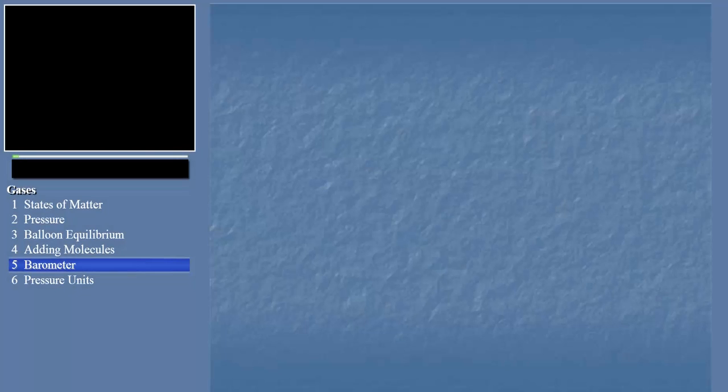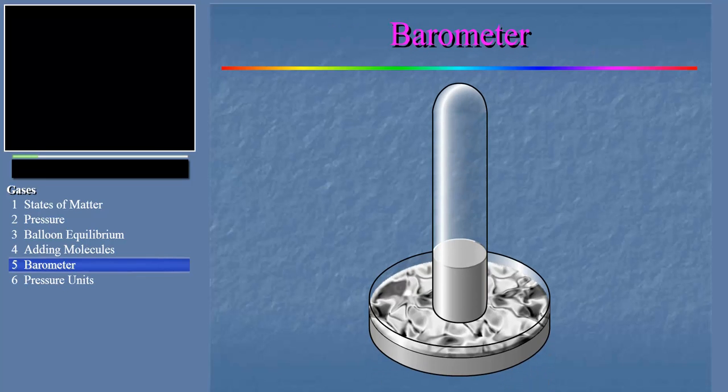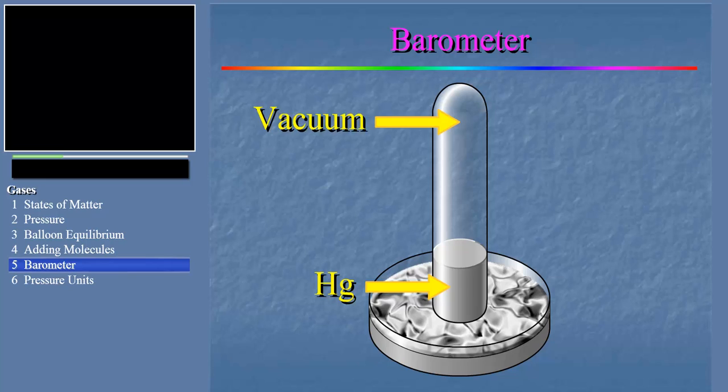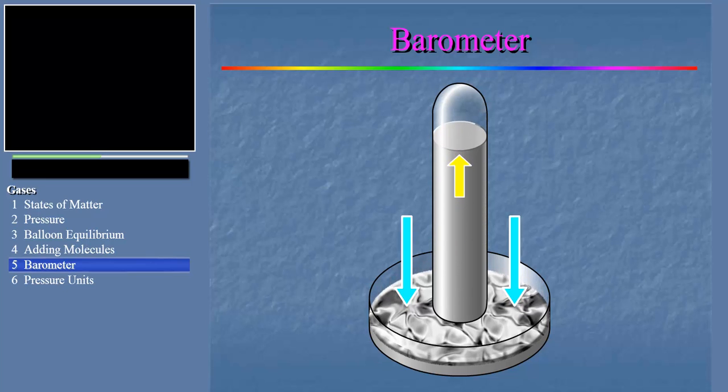Now let's talk about how we measure pressure. One way of measuring pressure is to use an instrument called a barometer. The oldest kind of barometer uses a long, closed tube containing mercury. This tube has a vacuum at the top, and the bottom opens into a bowl of mercury, which is open to the air. The higher the air pressure surrounding the barometer, the higher the mercury is pushed up the tube by the air molecules.